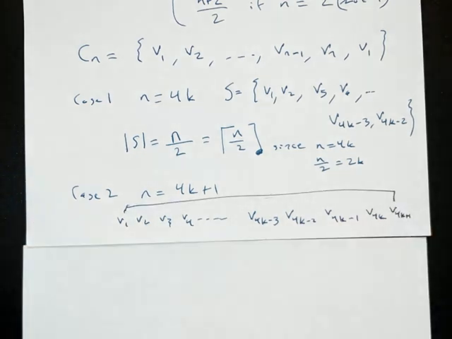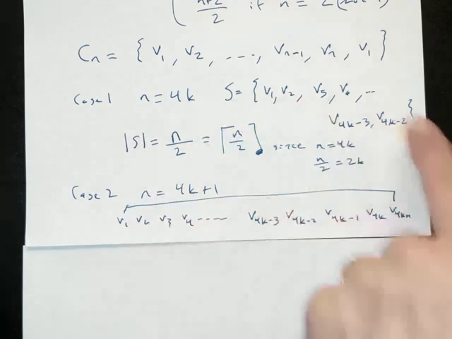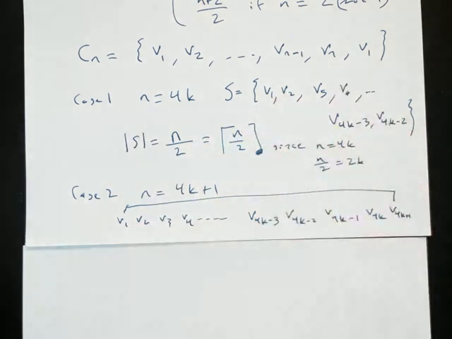There's my cycle. Vertex 1 to 2 to 3 to 4, 4k minus 3, 4k minus 2, 4k minus 1, 4k plus 1. I'm back on. Well, what is this set going to miss?